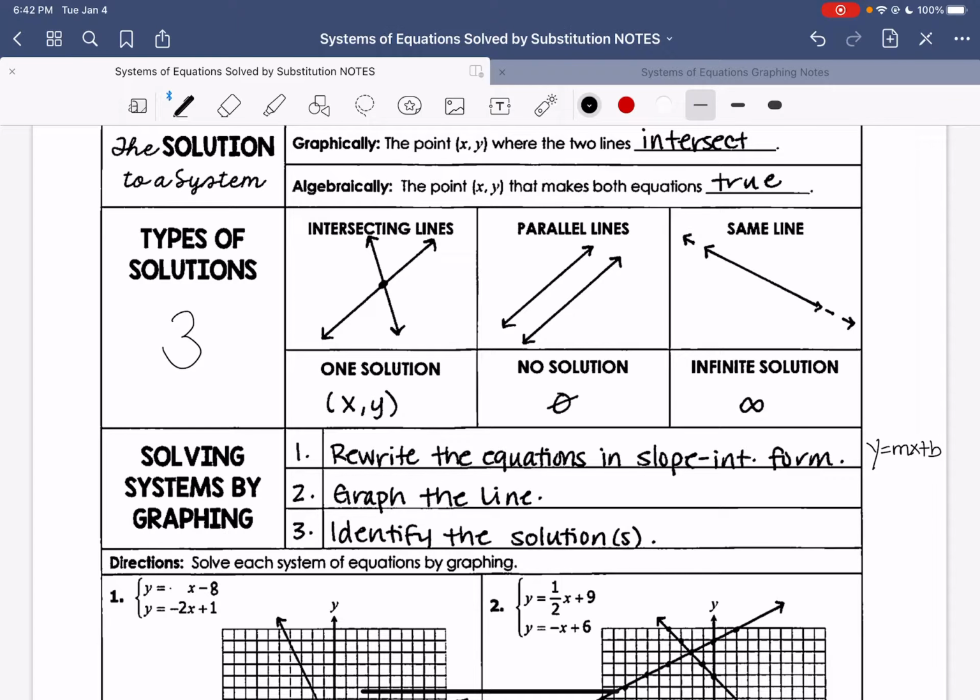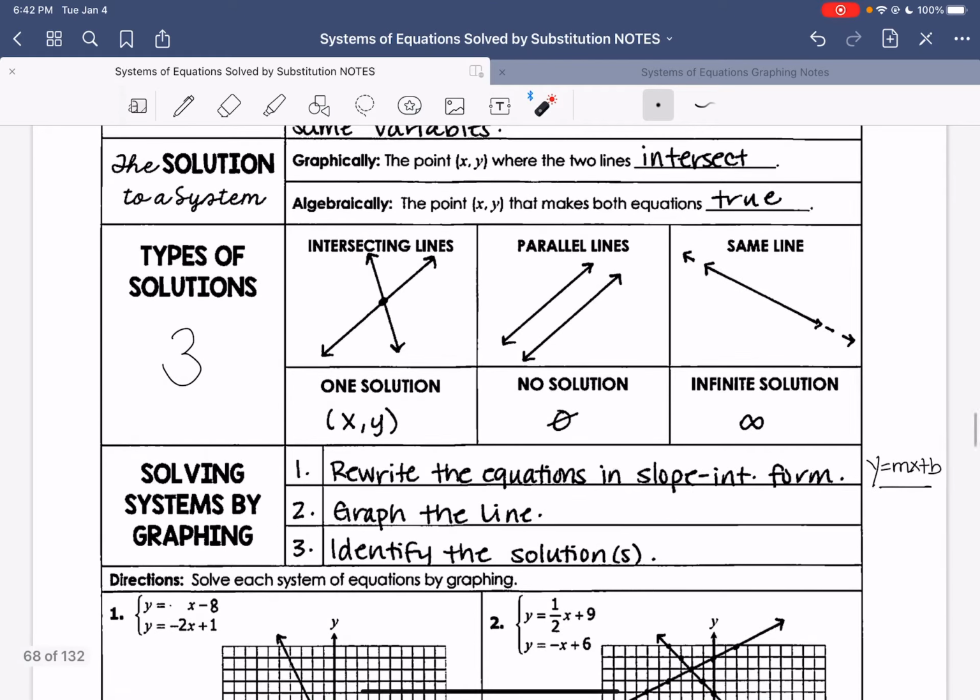So sometimes they'll give it to you in standard form or in point-slope form, and you'll have to be able to transfer it to y equals mx plus b. The second step is to graph the line, which we've been doing for a long time now. And the third is to identify the solution or solutions based on the example. So I'm going to switch over and we're going to work some examples together.